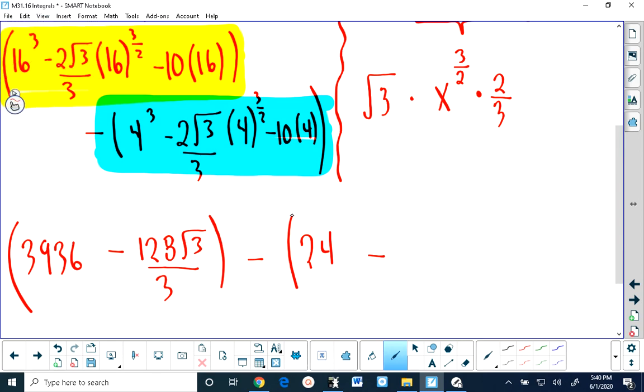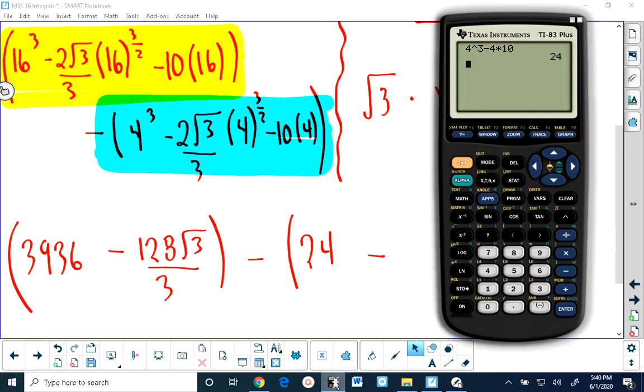to the 3 halves. I'm going to do the same thing I did with the 2 over the 3 multiplied by the 16 to the 3 halves. So I'm leaving the root 3 out of it. Well, 4 to the 3 halves is 8, but I can show that to you. The reason why 4 to the 3 halves is 8 is 4 to the 3 halves means take the square root of 4.